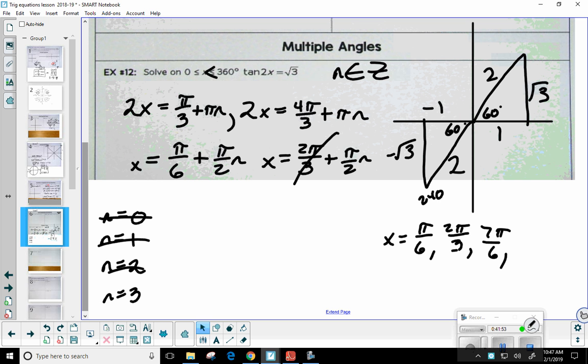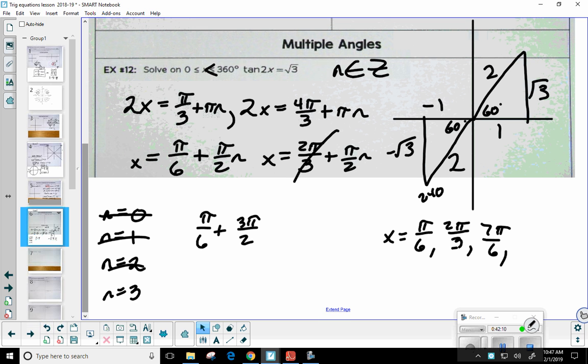Okay. So now I'm going to have pi over 6 plus pi over 2 times 3. That would be 3 pi over 2, right? Well, common denominator would be 6. So I got to multiply again by 3 over 3.